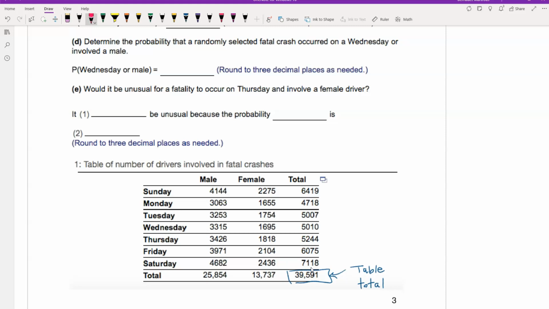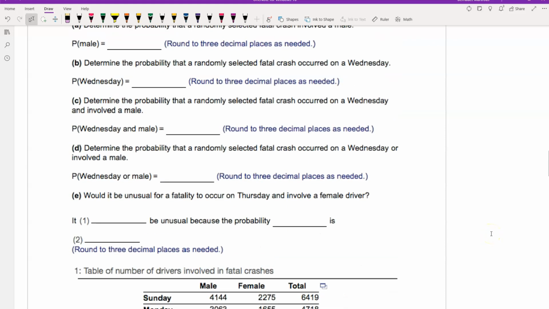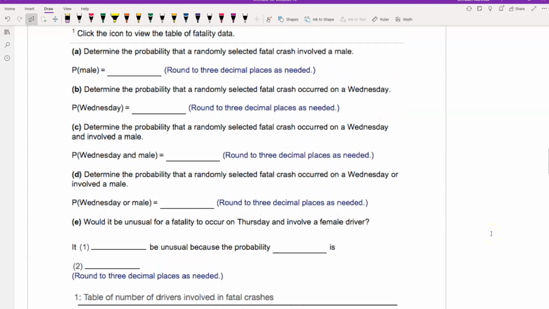And then what we have for male total is 25,854. So use that number divided by the table total and then round to 3 decimal places. So 25,854 divided by 39,591, rounded to 3 decimal places, that is 0.653.